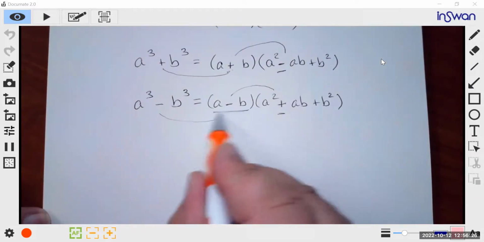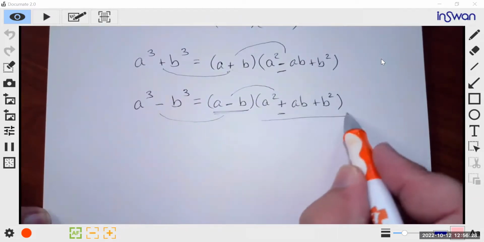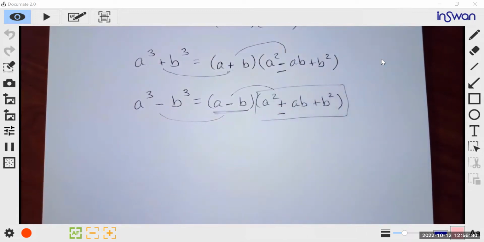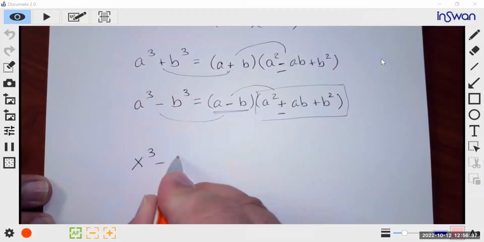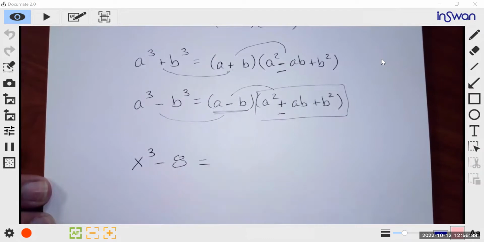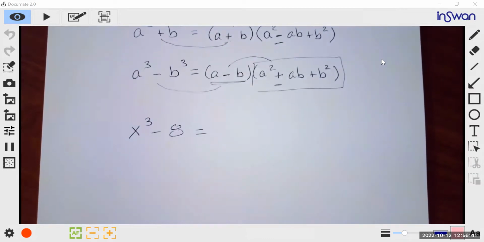We can solve this one. This one, we cannot solve. It'll give you imaginary answers. So, example. Is that a difference of 2 cubes?